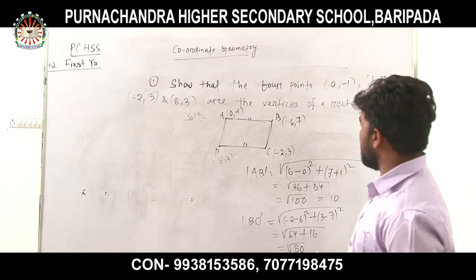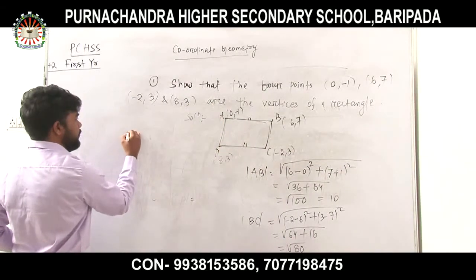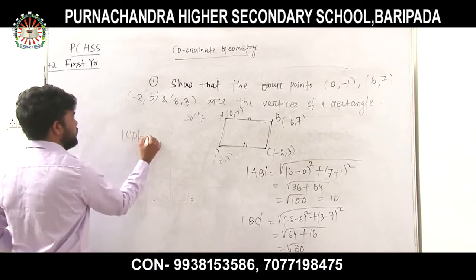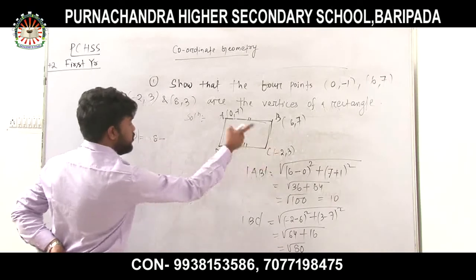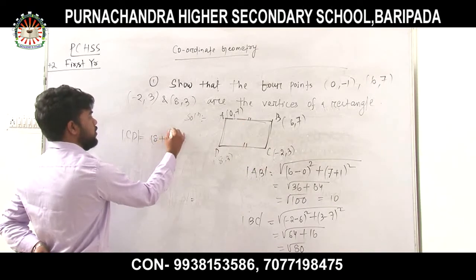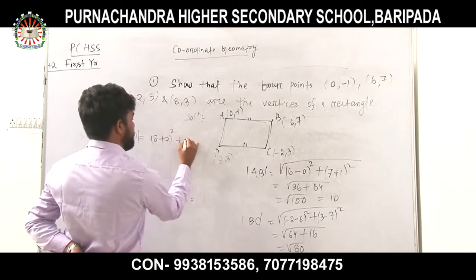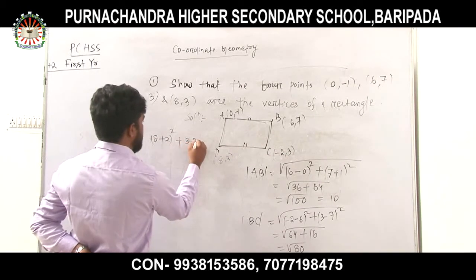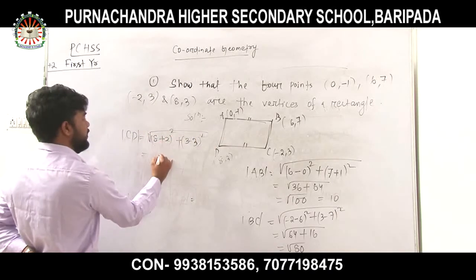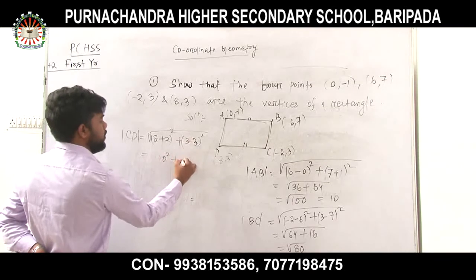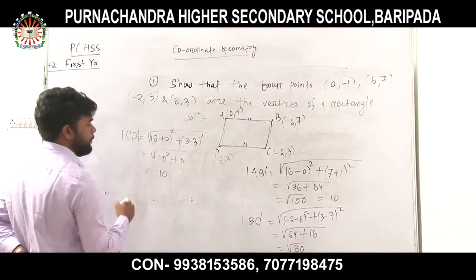Okay. Now we calculate CD or DC. CD equals (8 minus (-2)) whole square plus (3 minus 3) square, that is 10 square plus 0, root of 100, which is 10. Okay.